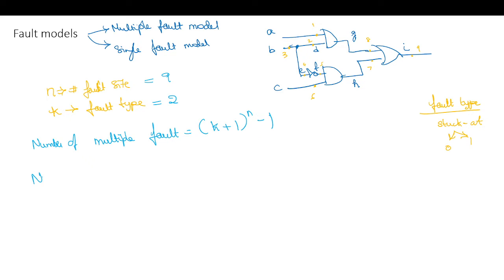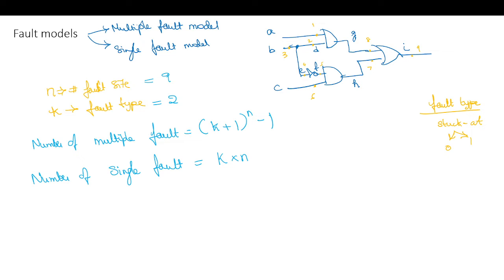And now if we assume that we have a single fault model, then the number of faults is k into n. So now you can observe in our example itself, it's 2 plus 1, 3, raised to the power 9, minus 1. So we have a huge number of combinations of multiple faults possible.